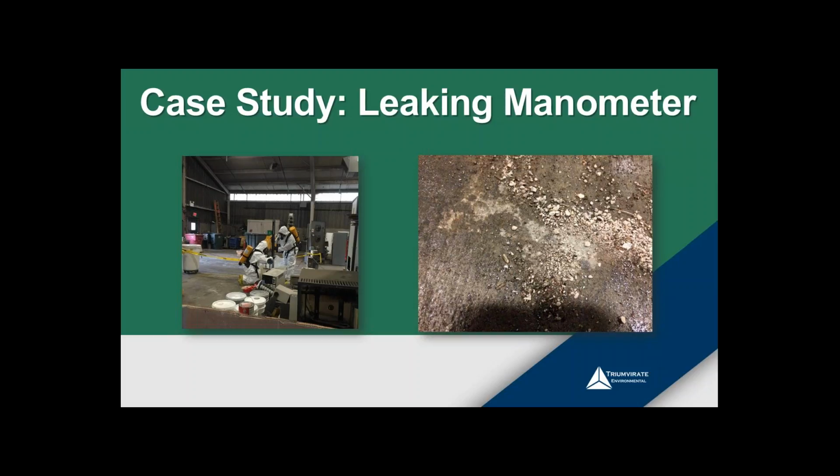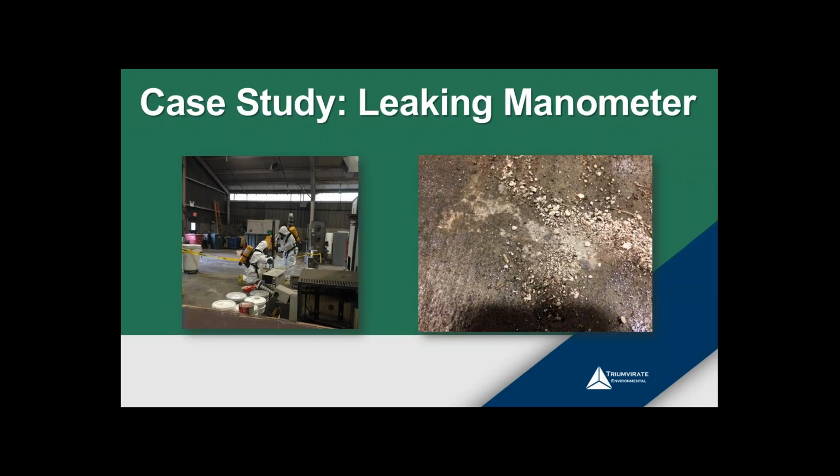And what we had to do was limit access to the area, screen for mercury vapor concentration levels, set up our zones, including a decontamination area, and begin decontamination activities. We removed visible mercury without tracking or cross-contaminating, identified the hotspots and potential sources of mercury.